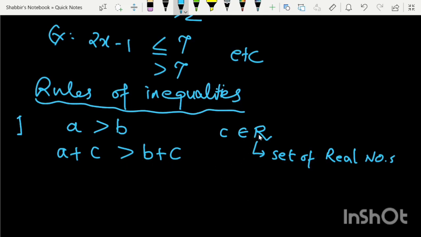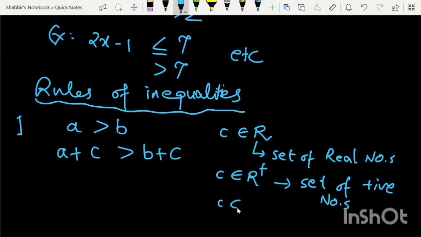So C belongs to R means C can be a real positive number or a negative number. If I write C belongs to R plus, this means the set of positive numbers. Similarly, if I write C belongs to R minus, it means the set of negative numbers.